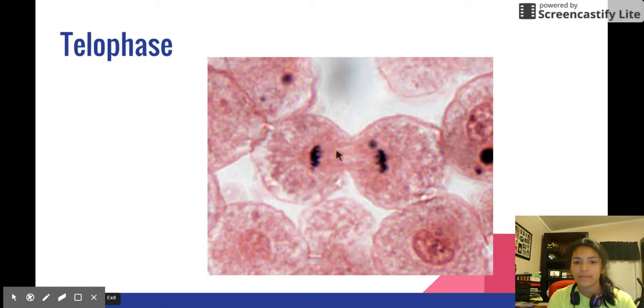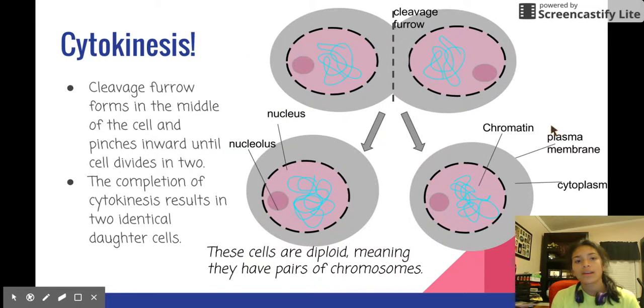You can see. Okay, and finally we have come to the last stage of cell division, called cytokinesis. In cytokinesis, the cytoplasm is divided and it results in two identical cells with identical nuclei, as you can see here.